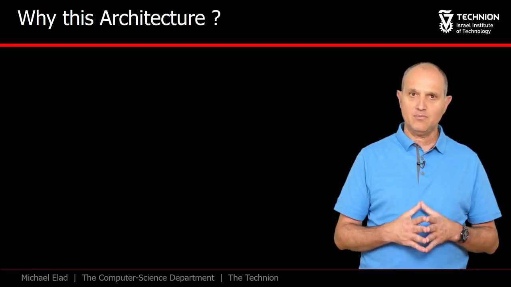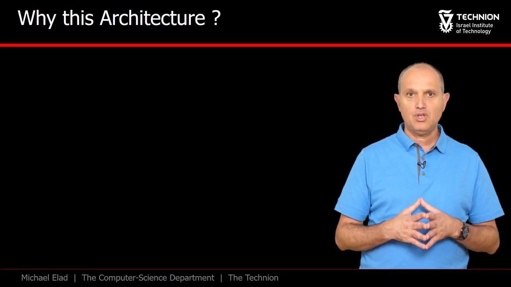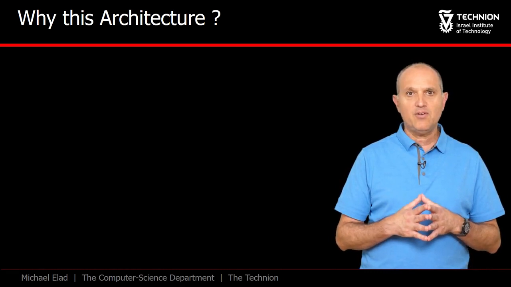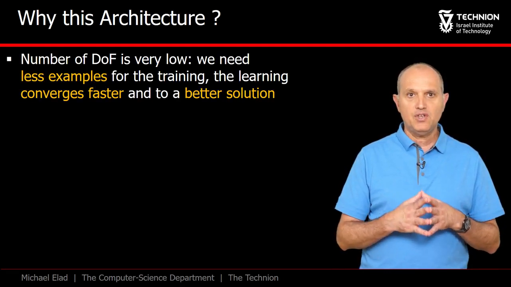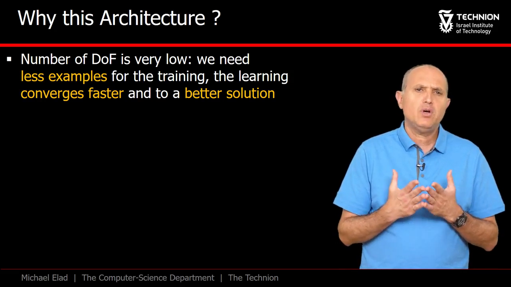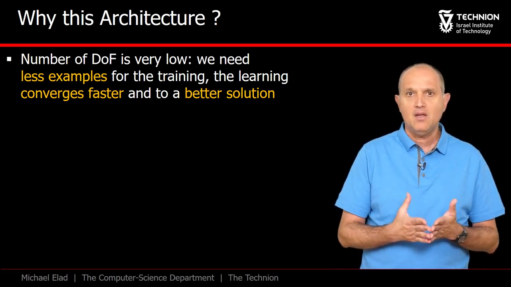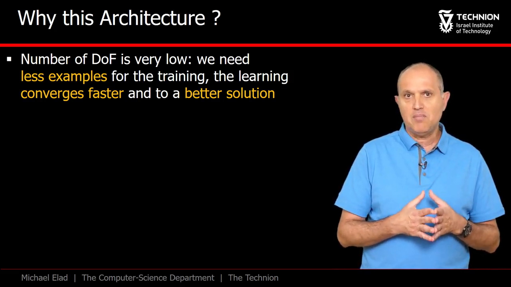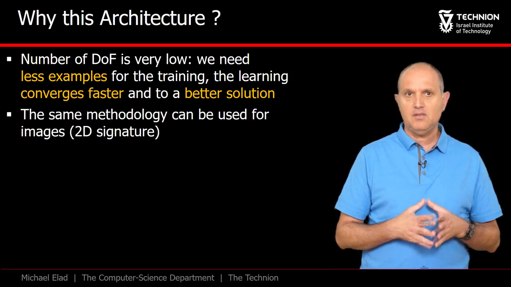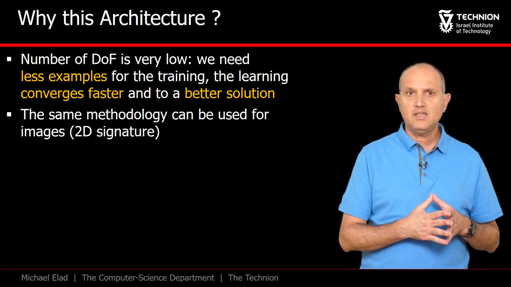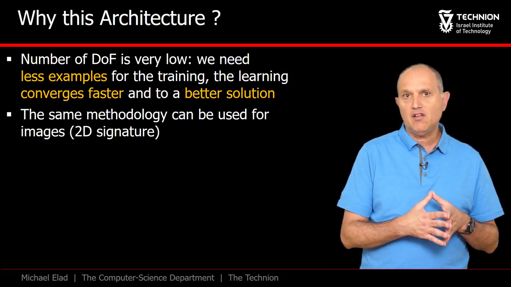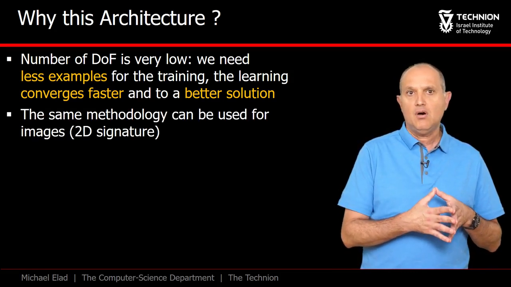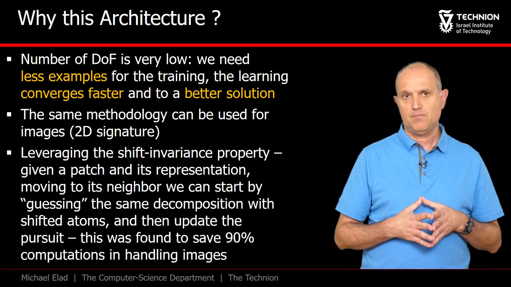So to summarize, the signature dictionary approach is appealing because of several important reasons. First, the number of degrees of freedom in D is m, which is so much smaller than the regular mn, and we have already discussed the benefits that this brings. This idea was originally designed for images in which the signature is a small image by itself, being the epitome of the images we train on.